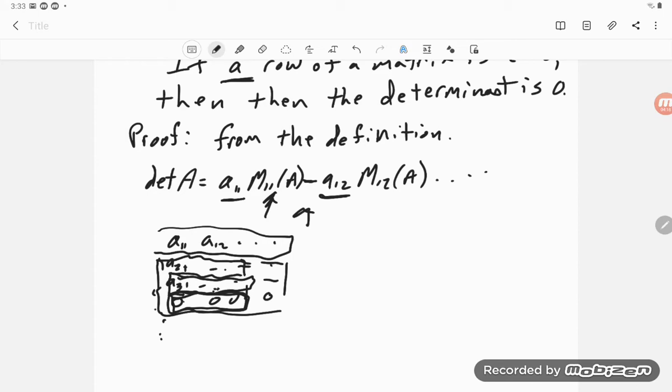Okay. Well, then that means that moving back up, all the minors here will be 0, and then moving back up, all the minors there will be 0, and moving back up, all the minors for that will be 0. And so really, there's a bit of an argument.